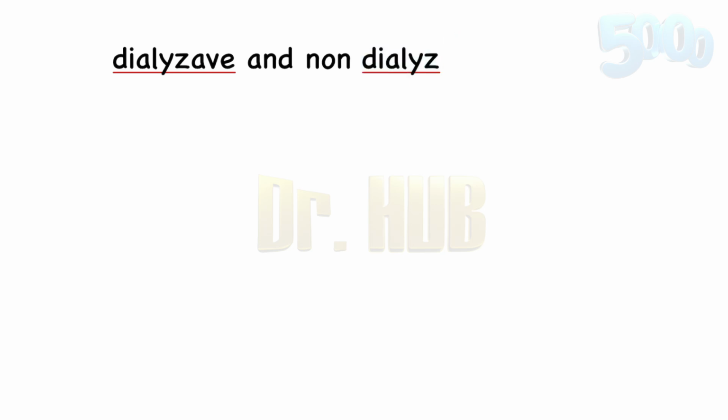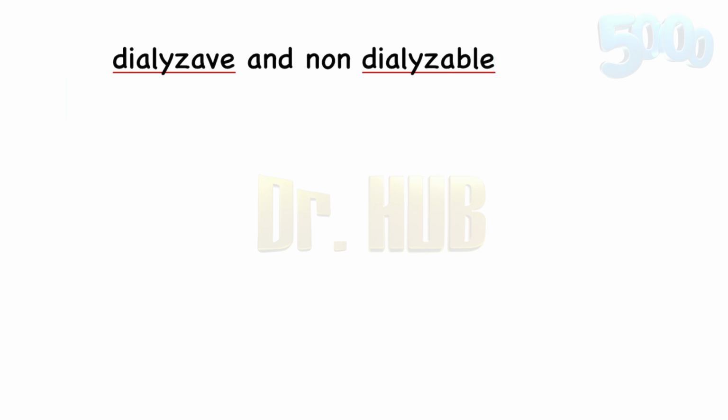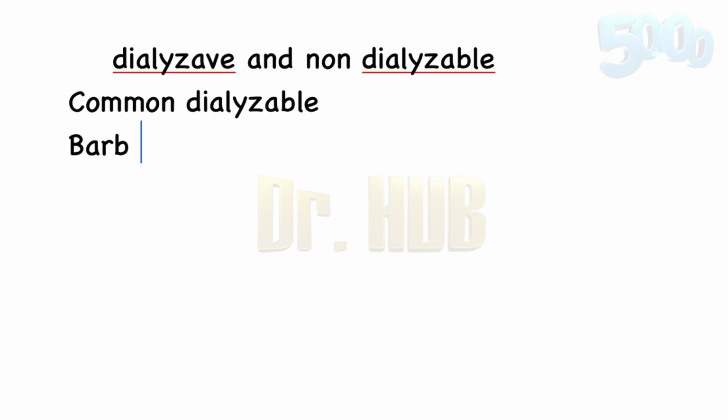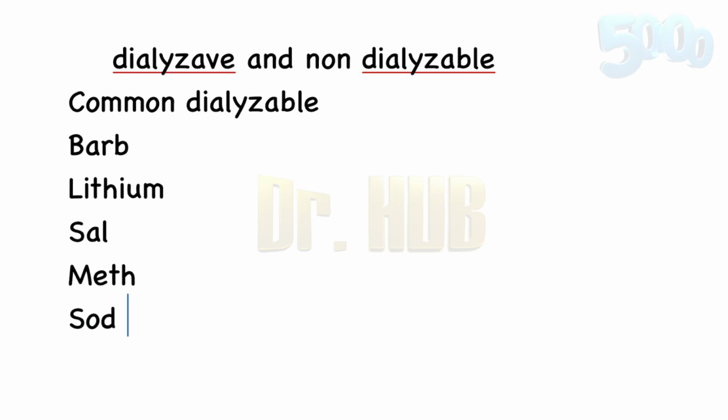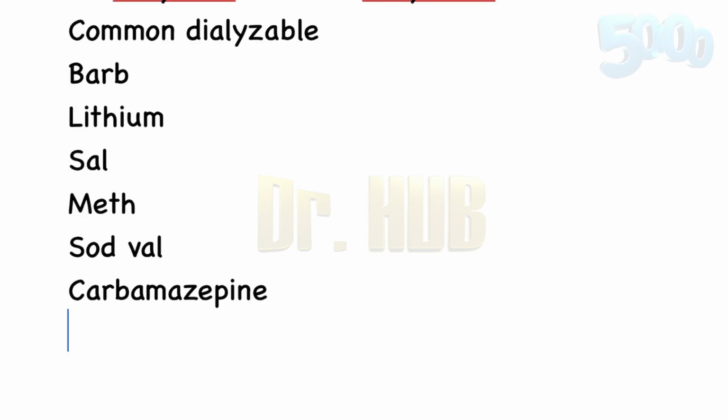So in the common dialyzable, there is barbiturates, there is lithium, there is salicylates, theophylline, caffeine, methanol, ethylene glycol, sodium valproate, isoniazid, as well as carbamazepine. So all these are the commonly dialyzable drugs.